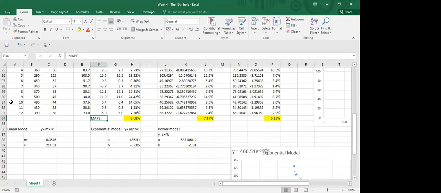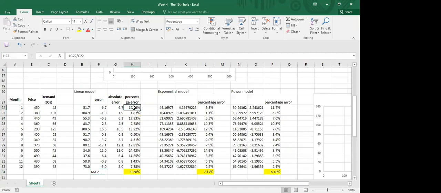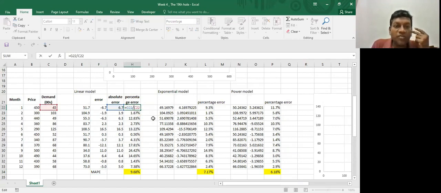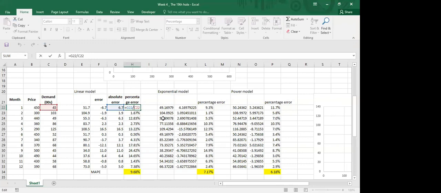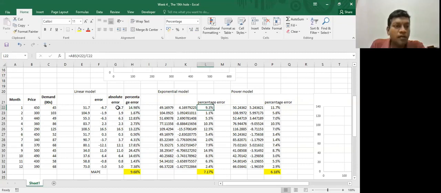Yeah, but the denominator is different for each of the rows. So is it okay to take an average of percentage when that percentage has been taken for different values? See, the denominator is the same, right? Every time the denominator is demand. See the red cell? Yeah, but that is different for each of the rows. Like from 22 to 33, all the demands are different.